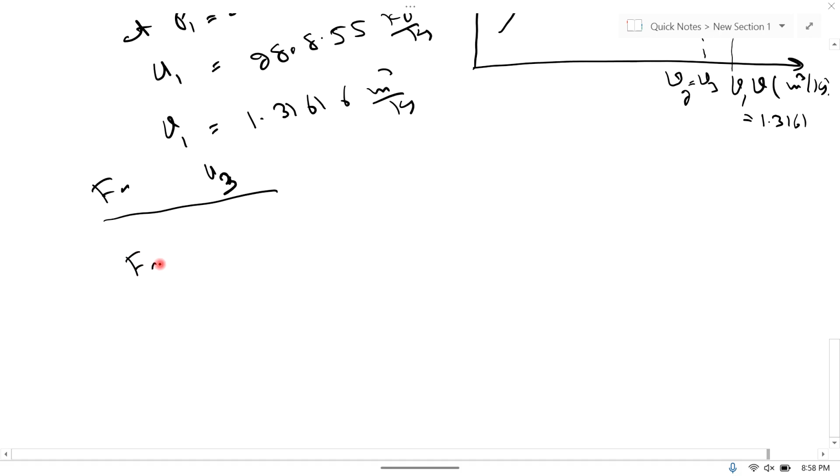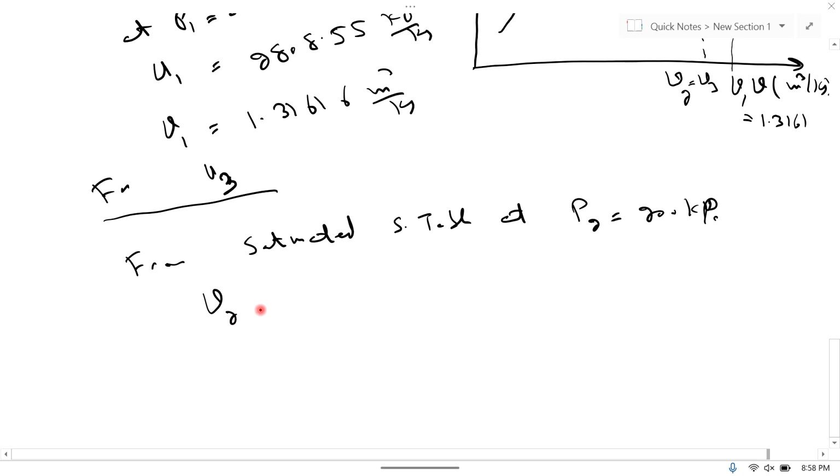So from the saturated steam table at pressure P2 is equal to 200 kilopascal, V2 is equal to Vg.